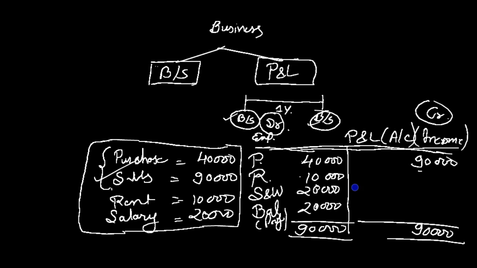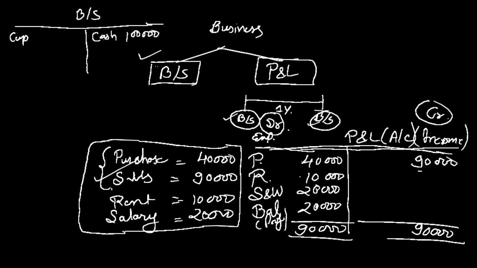Finally, we can prepare the balance sheet at this point of time. That is, at the end of the period, we can see how the balance sheet will look. If we prepare the balance sheet at the opening, that is at the beginning of the year, we can see there was cash of 1 lakh, that is assets, and there was a liability in the form of capital introduced by Ram of 1 lakh.